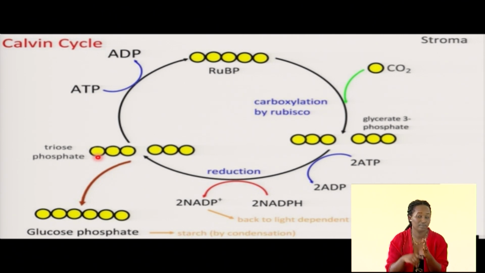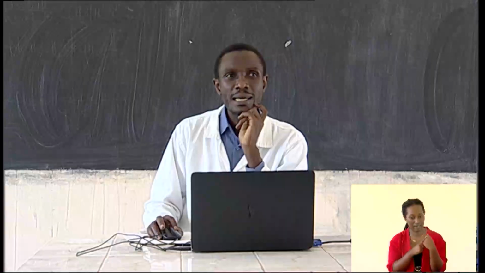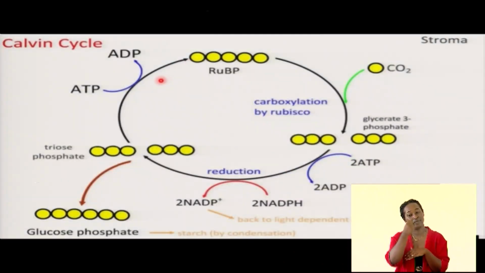Out of 6, right? And then the 5 out of 6, the bigger chunk, is what is used to produce this back, while a small portion is used to form glucose that can be turned into a variety of forms.